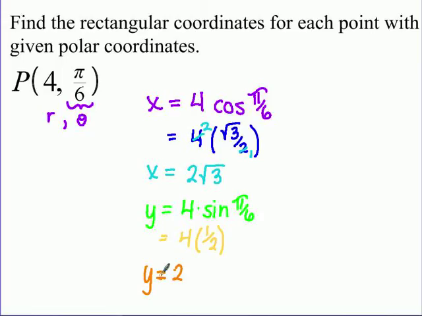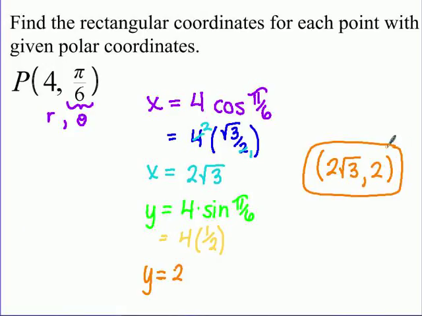So my ordered pair is 2 root 3, comma 2. Questions on that? This should be pretty straightforward. It's just a matter of using the two formulas.